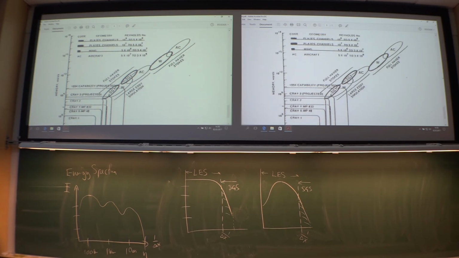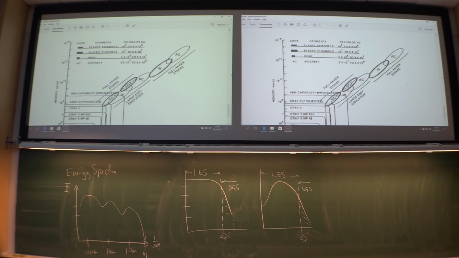Then a full Navier-Stokes solution, DNS, that's in this range down here. So we could just do it, slightly turbulent, the Reynolds number very, very low. If you look at, say, the flow around an entire aircraft, a full DNS, you are somewhere up here.